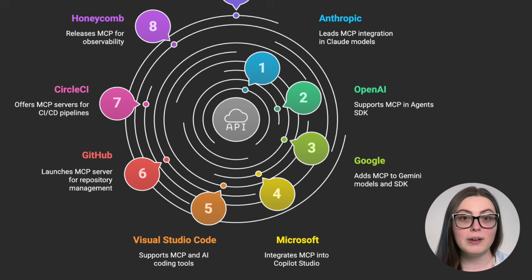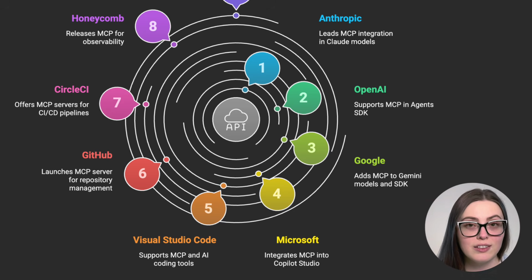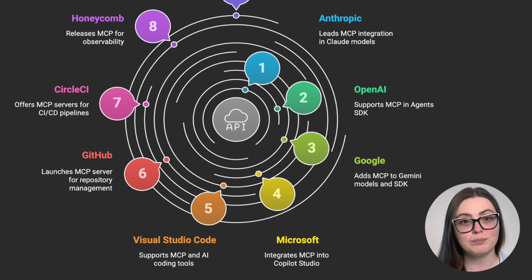Since MCP gained significant support when it was first introduced by Anthropic, the ecosystem is growing really fast. Anthropic, as the creator, leads the charge with deep integration in their Claude models and Claude desktop application. OpenAI announced support for MCP in their Agents SDK, bringing this protocol to their development ecosystem.